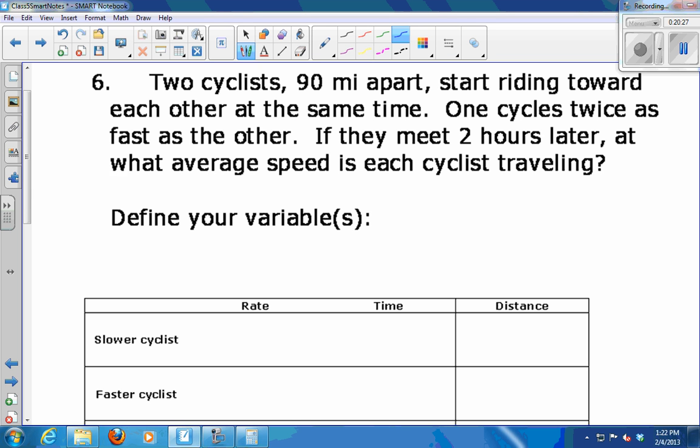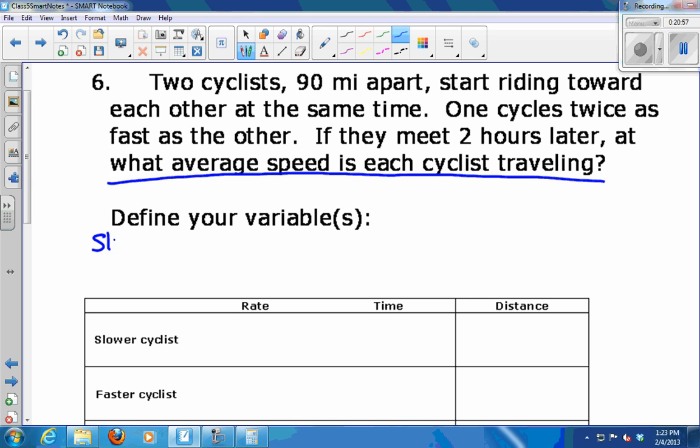So this is clearly a rate, time, distance problem. They're asking about speed. They've given me distances and times. So I'm going to use the common model, rate times time equals distance. But before I start trying to plug into a table, I'm going to define my variable based on the question. What average speed is each cyclist traveling?